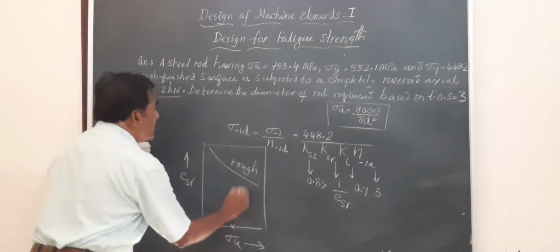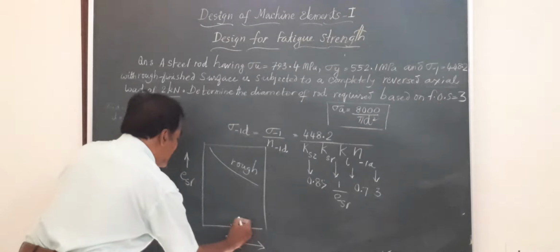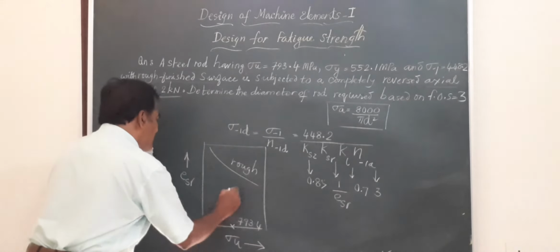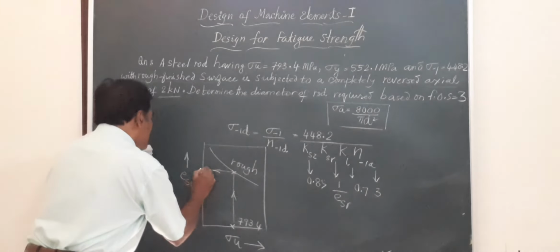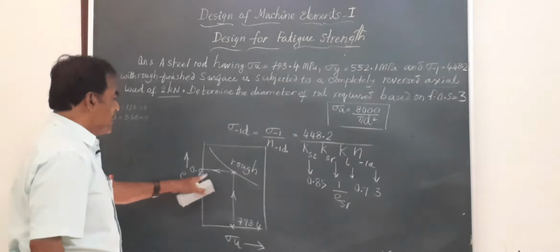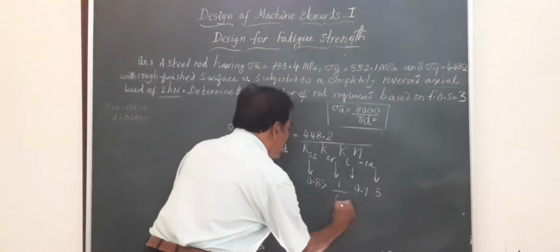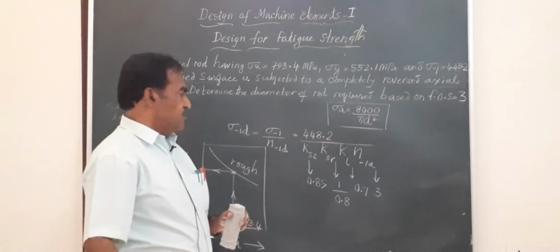You know the sigma u value is approximately 800, say 793.4, say approximately 800. Draw a vertical line from there, it cuts the curve here, draw a horizontal line, you will get this value as 0.8 approximately. The value of ESR is 0.8. So I am going to substitute here 1 by 0.8, which is in other terms 1.25.